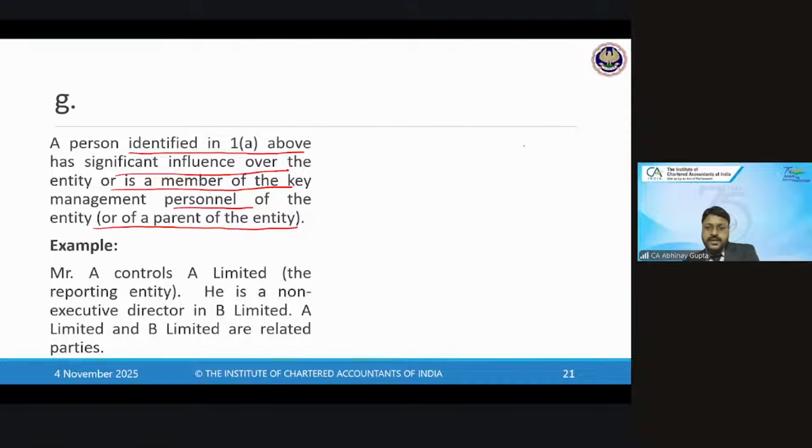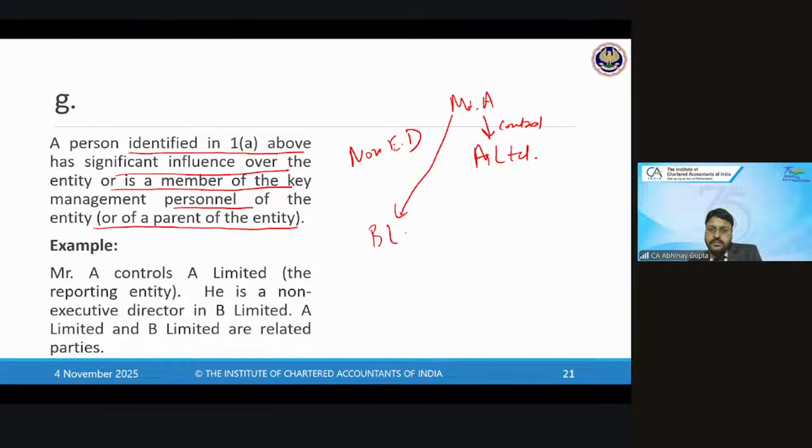Now let's understand. Suppose there is A Limited, and Mr. A is controlling A Limited. He is also a non-executive director in B Limited.